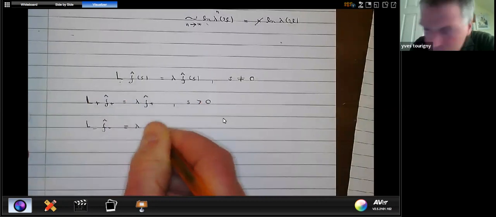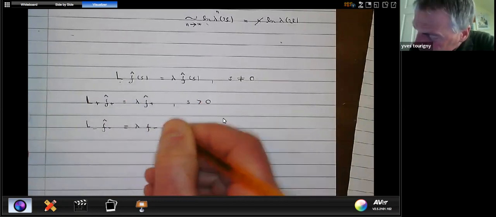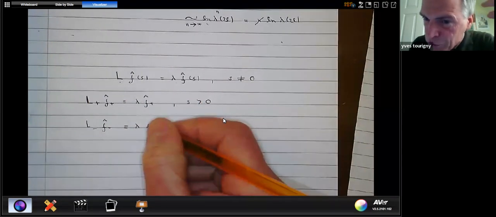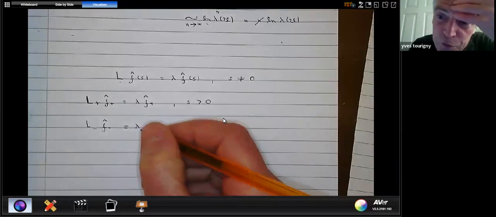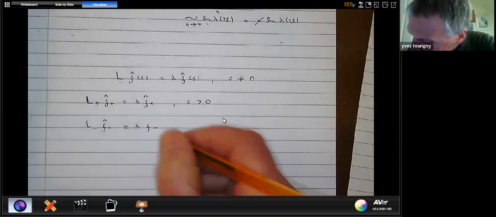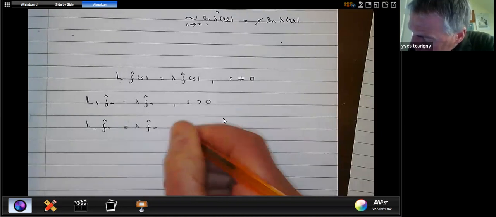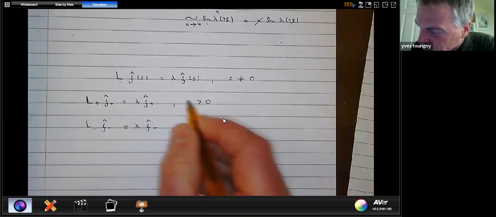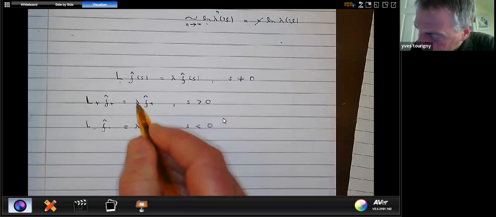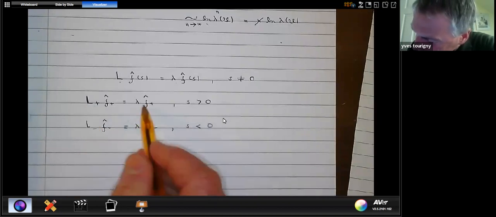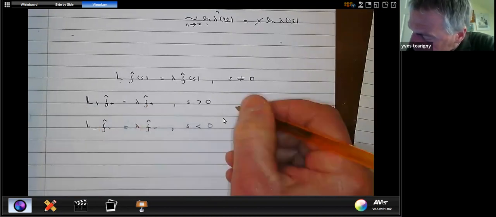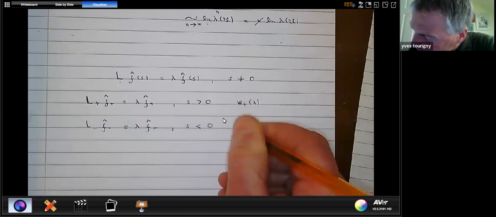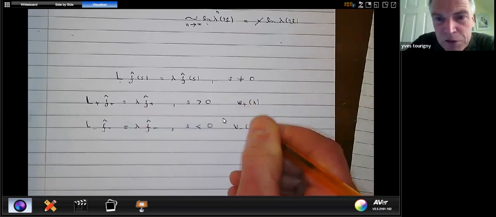Now, the Fourier transforms will be well behaved at infinity. They'll be decaying because the original functions of X are smooth. So the Fourier transform will certainly be decaying. So you'll be able to find decaying solutions for values of lambda, and there'll be some Weil coefficient associated with the plus part, and there'll be a Weil coefficient associated with the minus part.